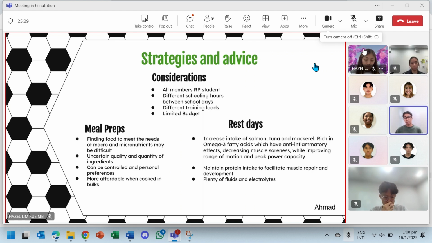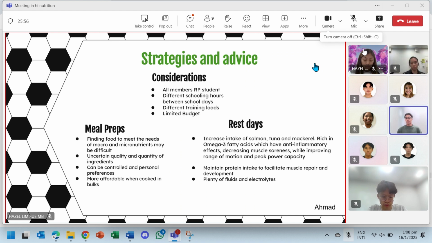So firstly, we could recommend meal preps as one of the strategies they can do, as finding food to meet their macro and micronutrients may be difficult, as these foods have uncertain quality and quantity of ingredients, so they could not calculate how much carbohydrates and protein they are going to consume.